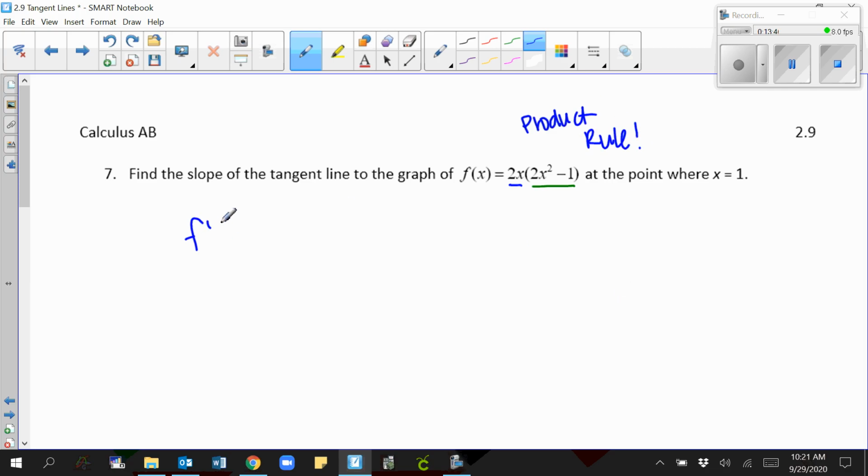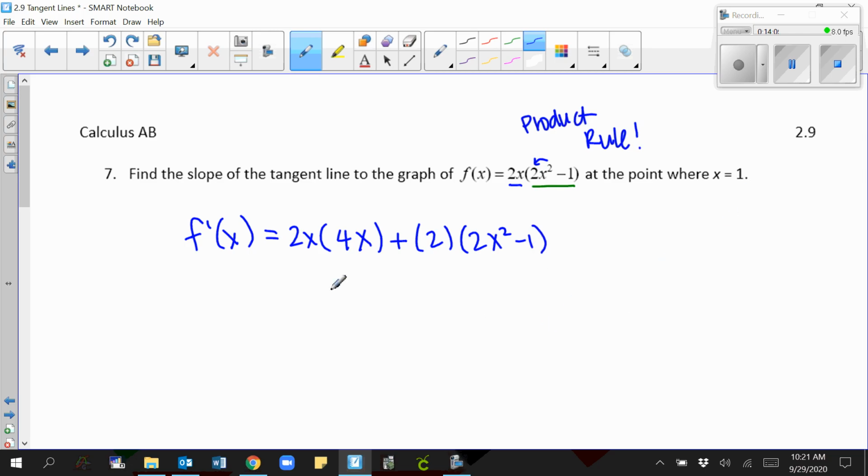So when I'm looking for f prime of x, I'm going to do the first, 2x, times the derivative of the second. The 2 comes down and it becomes 4x, and the minus 1 just goes away. Plus the derivative of the first, which is 2, times the second, 2x squared minus 1.